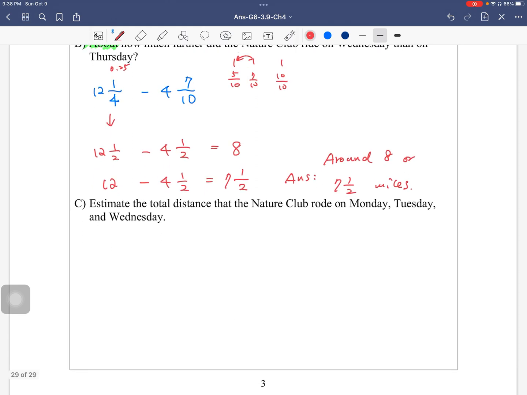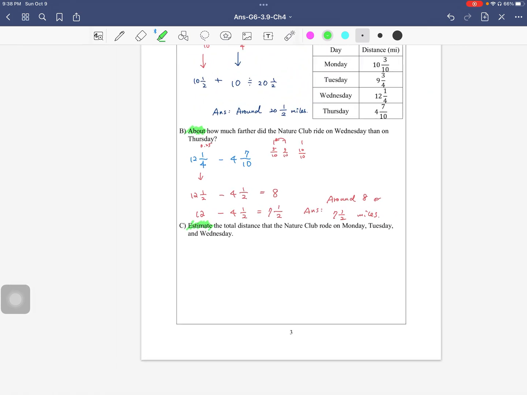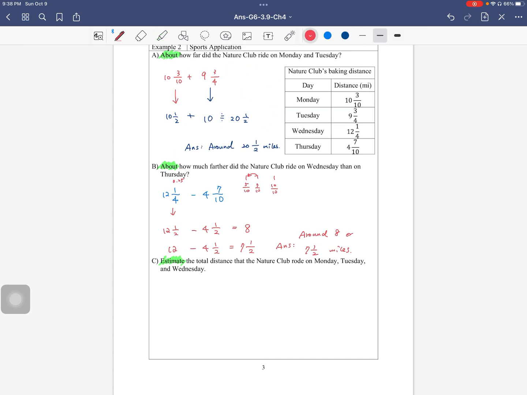Now I want to estimate the total distance on Monday, Tuesday, Wednesday, and Thursday. I want to do 10 and 3 over 10 plus 9 and 3 over 4 plus 12 and 1 over 4 plus 4 and 7 over 10.